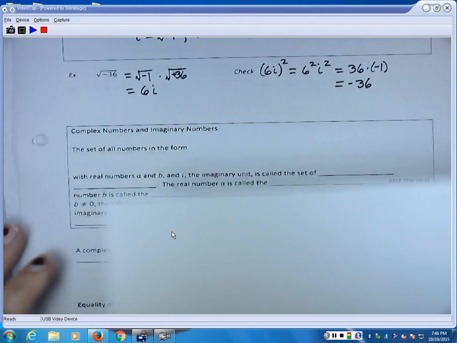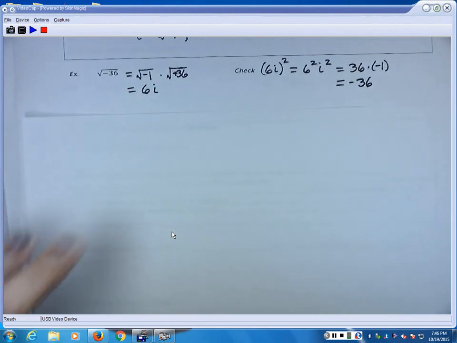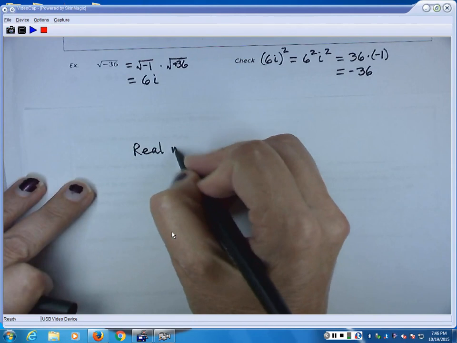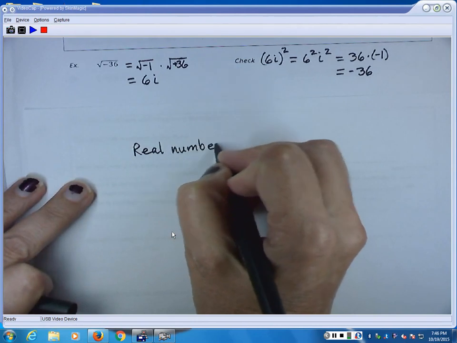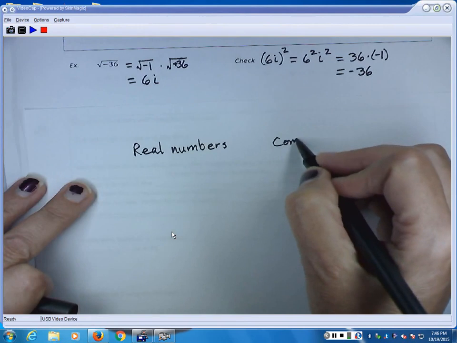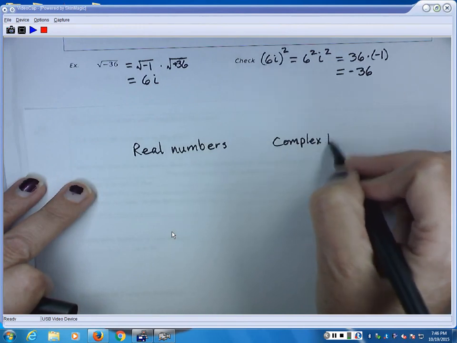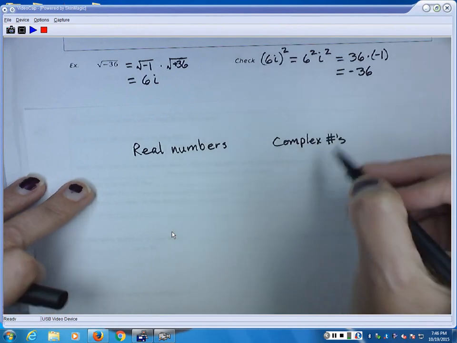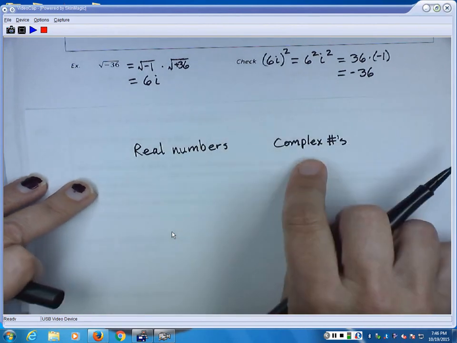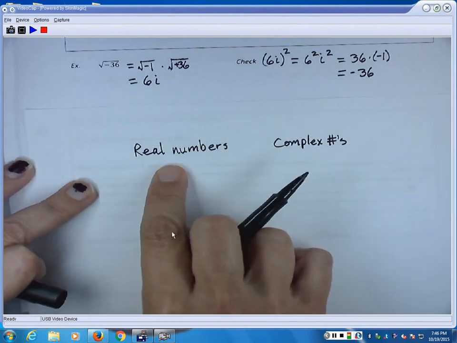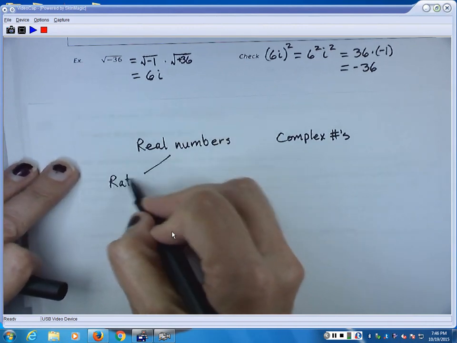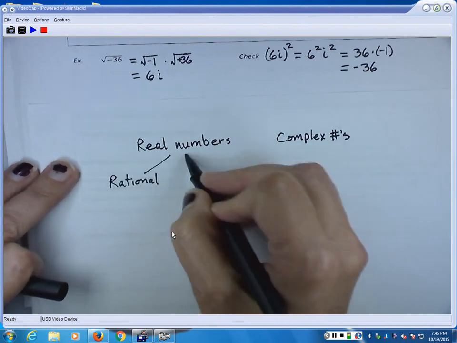Okay, the next part, we've got real numbers and we've got complex numbers. Before we introduced complex numbers, we only knew about reals. In reals, we had rational numbers and irrational numbers.